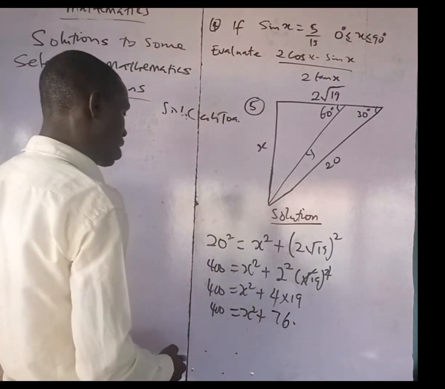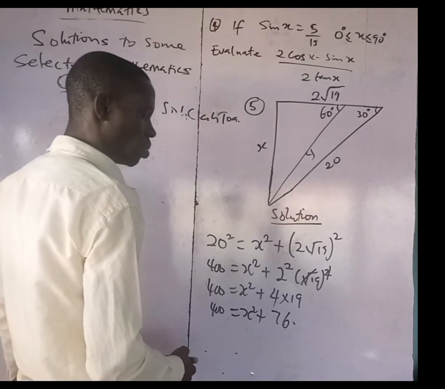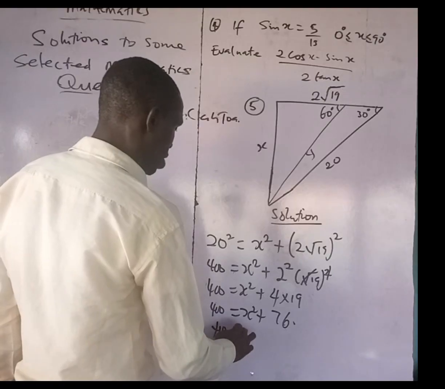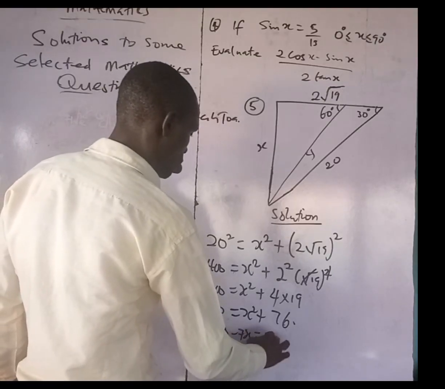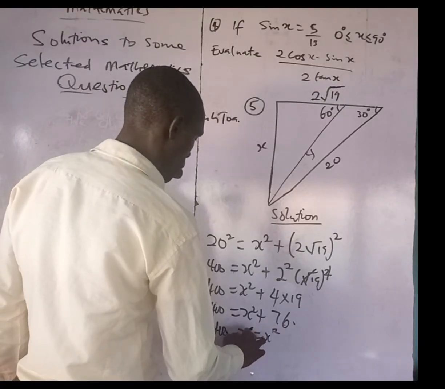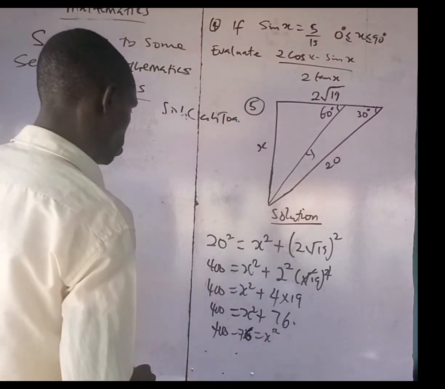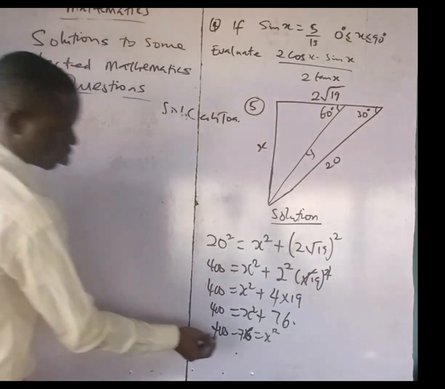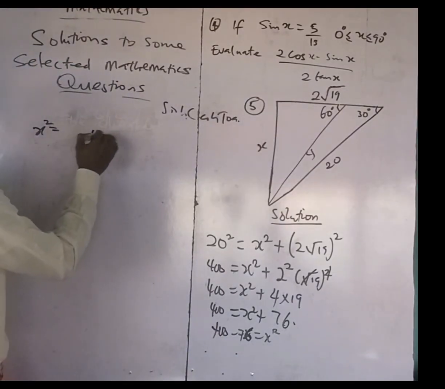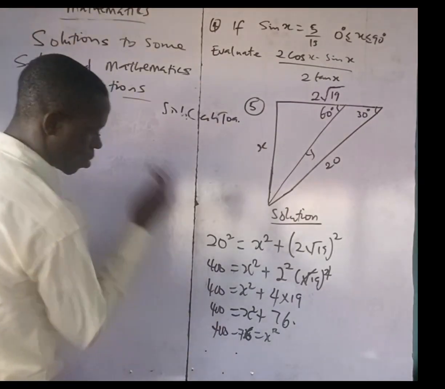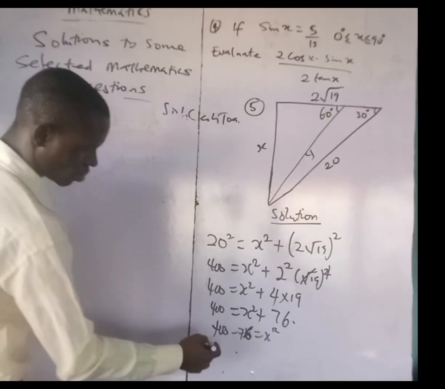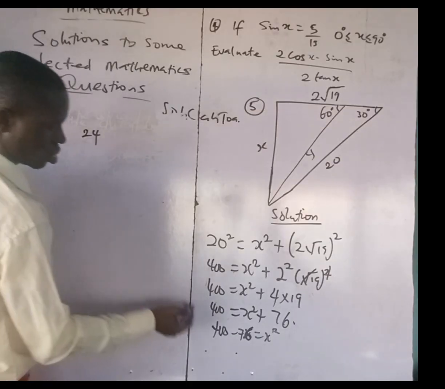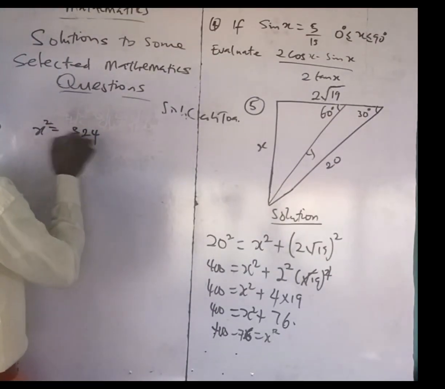So the next thing is to collect the like terms. By the time we collect the like terms, we have 400 minus 76 will give us x². So we have x² equals 324.